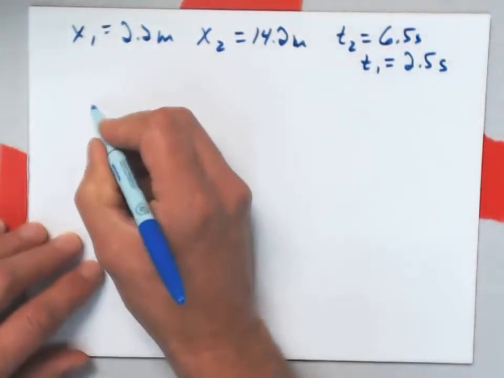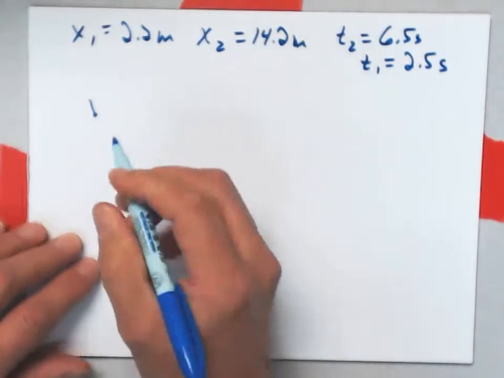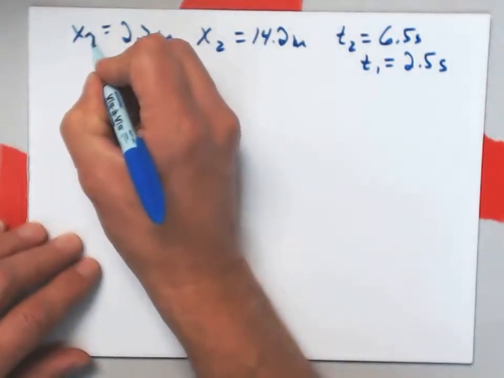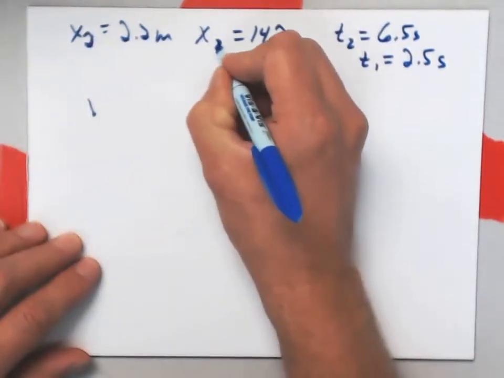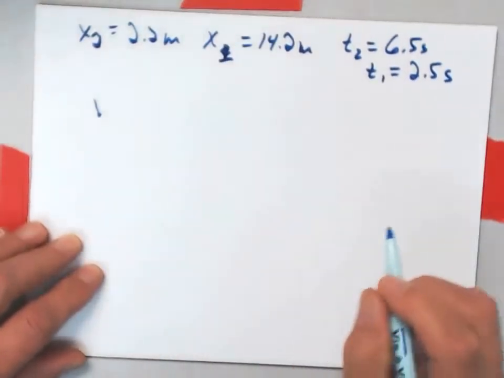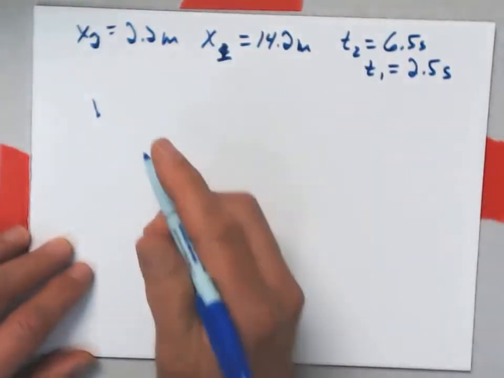So in this case, wait a sec, I wanted to change something here. I'm going to make this x2 and this one x1. I wanted to illustrate a different point as well.